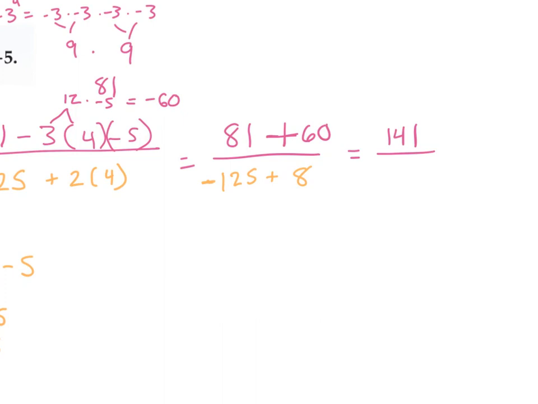And then lastly, we have negative 125 plus 8, which is negative 117. So our final answer here is negative 141 over 117.